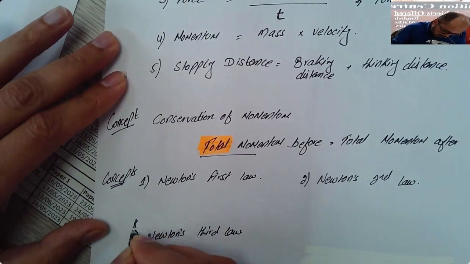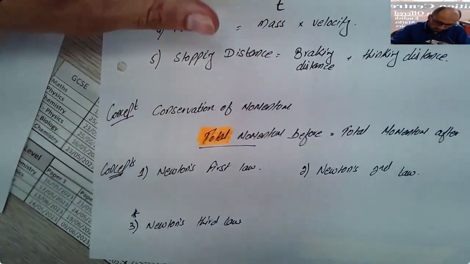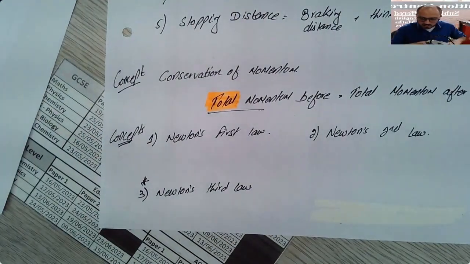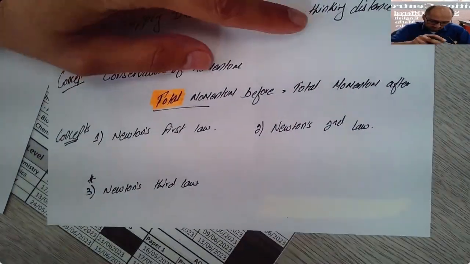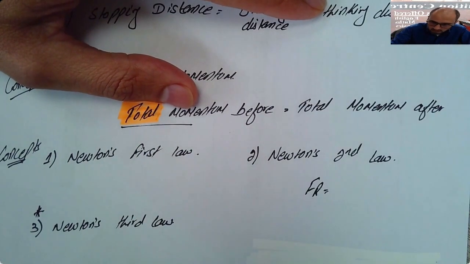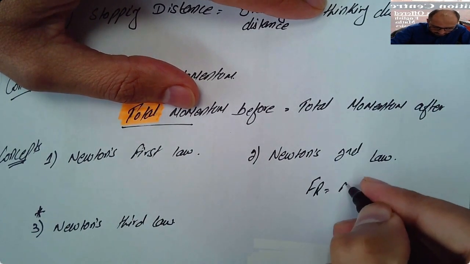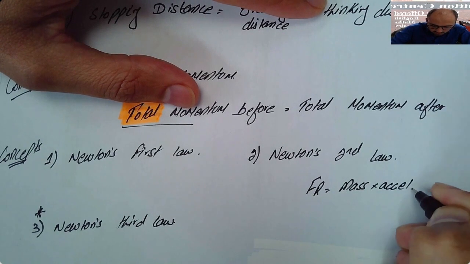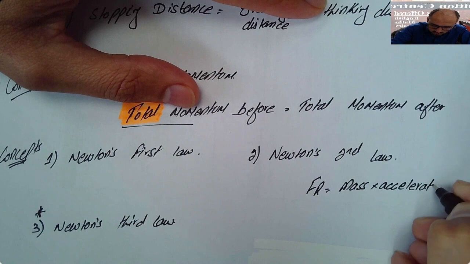This is of particular importance, right? So let's quickly have a look at what we mean by these. If they ask you about Newton's second law, you just need to state the equation. Fr, which is resultant force, equals mass times acceleration. This is Newton's second law statement.